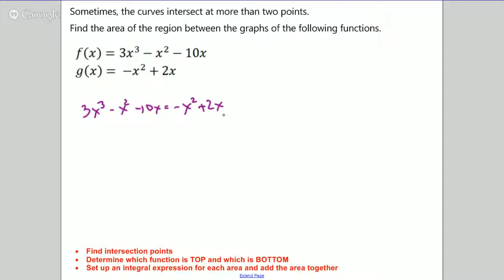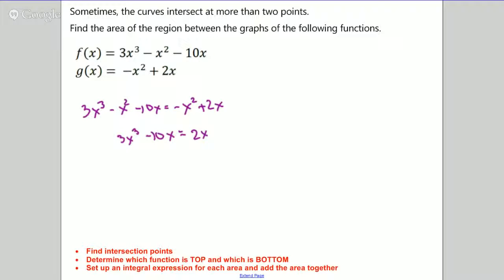Okay, if I add x squared to both sides, I'm left with 3x cubed minus 10x on the left side equals 2x. Okay. Ideas? Let's get 0 on one side.